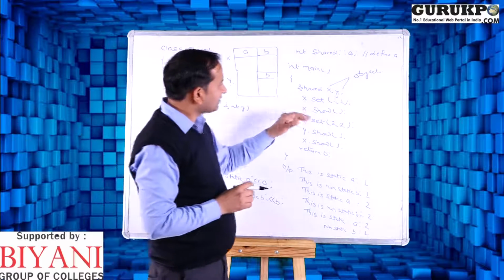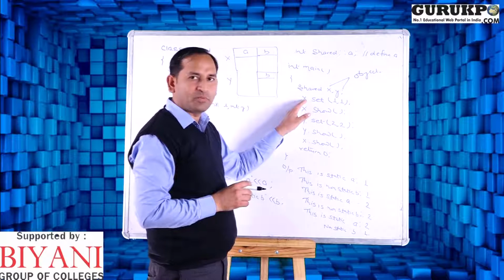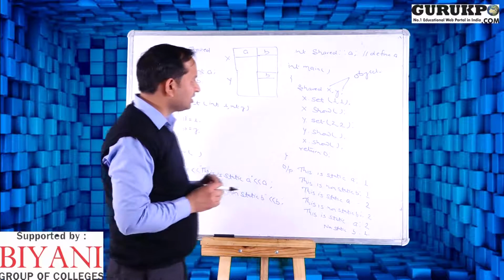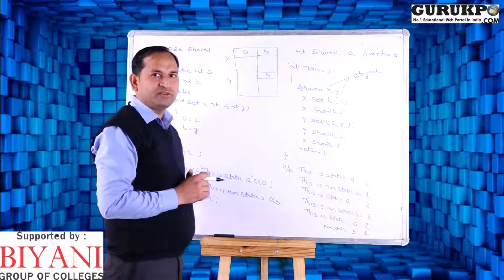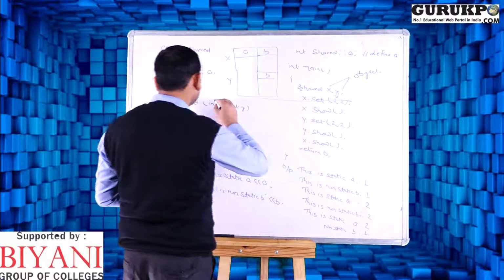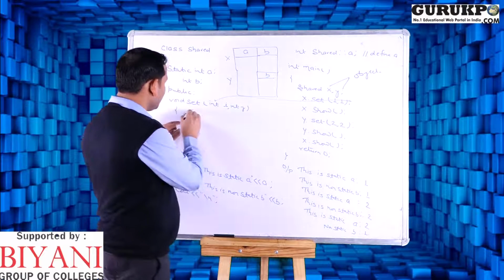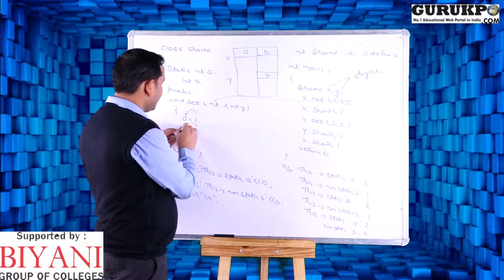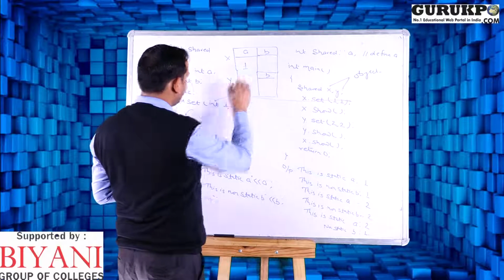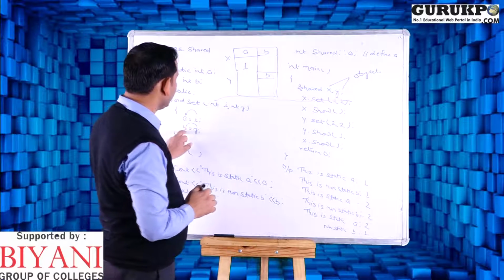First we call the set function by object x using the dot membership operator, x.set, and we pass parameter 1. Control goes here and the value will be stored in A and V. So the value of x's A is 1 and the value of x's V is also 1.